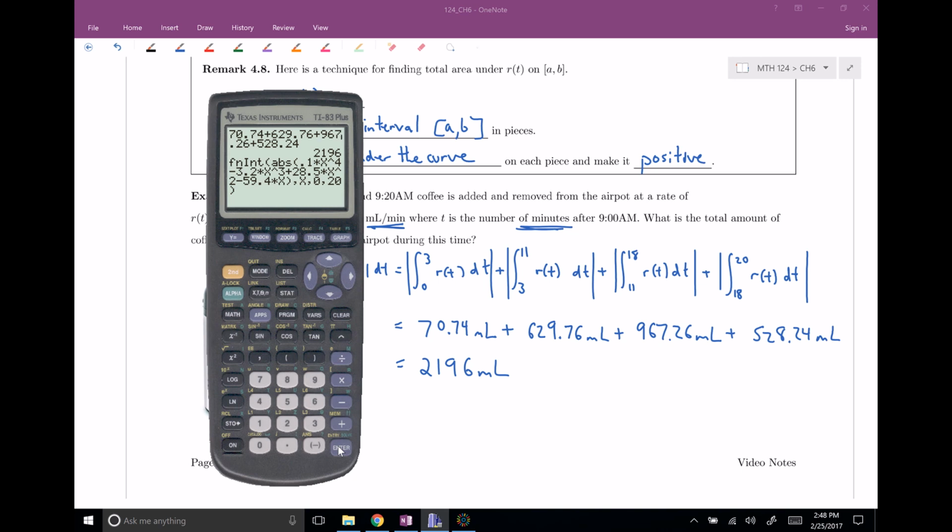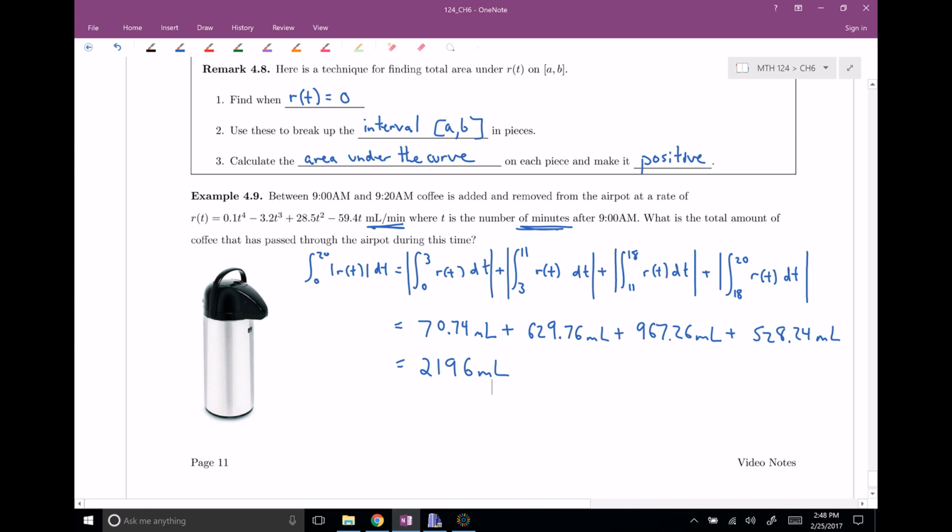Well, I don't know, guys. I may have broken this calculator or the simulation calculator. Oh, there it is. 2,195.99999. All right, so very, very close to 2,196. Excellent. So we were able to check our work just by calculating across the entire interval, 0 to 20, using the absolute value function here.